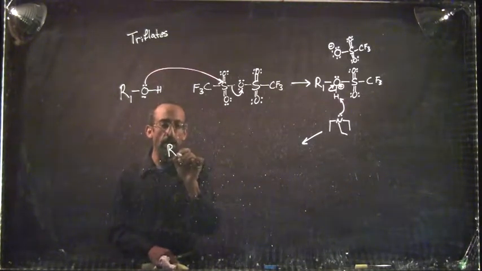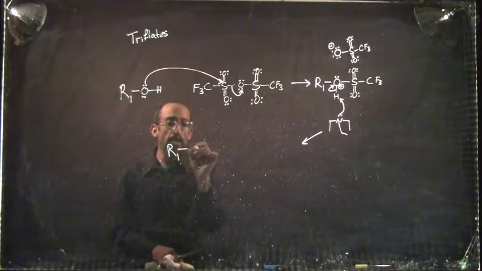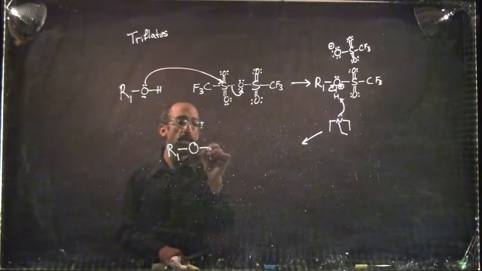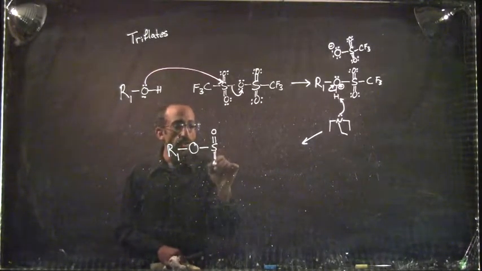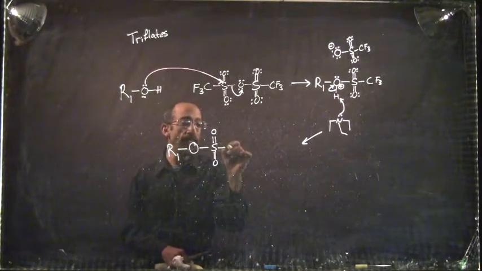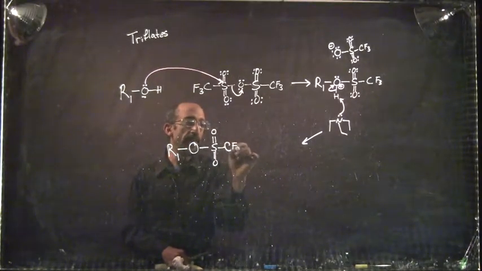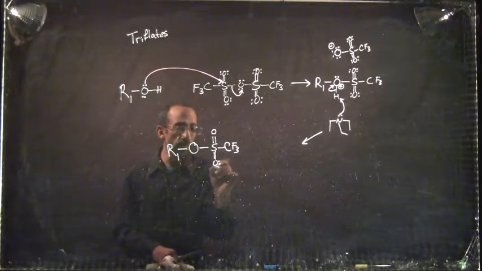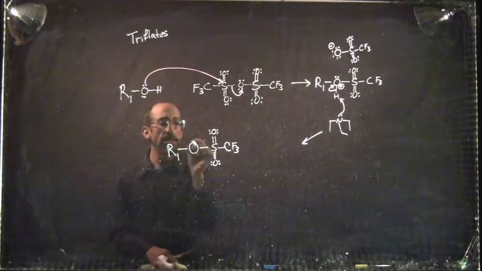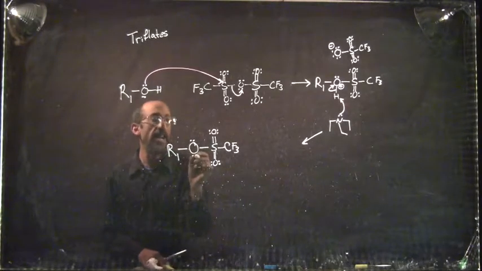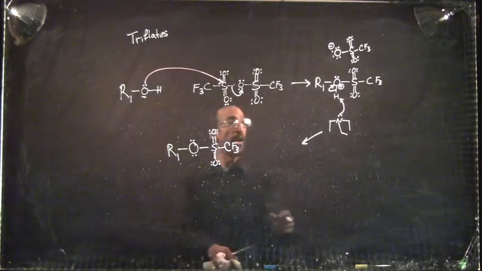So here now there's the R group from our alcohol, the oxygen from our alcohol, sulfur, 2 oxygens from our triflic anhydride. There's our CF3 group. We're going to go ahead and put in all of our electrons. And now all we have to do is draw our byproducts.